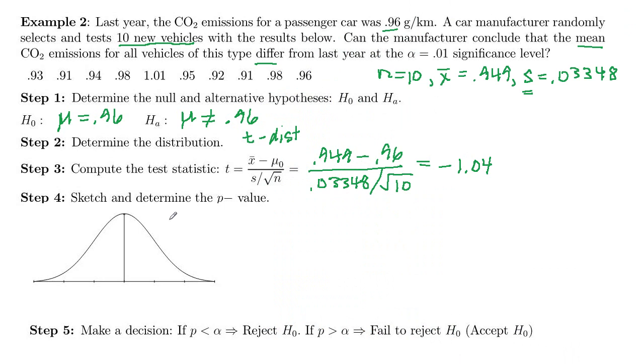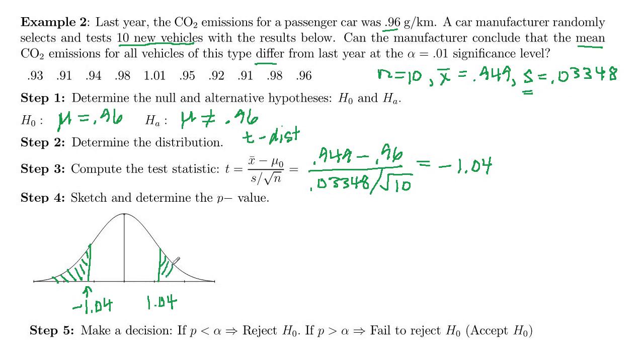So now we'll sketch and determine P. So negative 1, negative 2, negative 3, negative 1.04 about right here. So there's our test statistic. And then the p-value is the area past our test statistic. Now, this is a not equal test, so we also have to mark on the right-hand side positive 1.04.